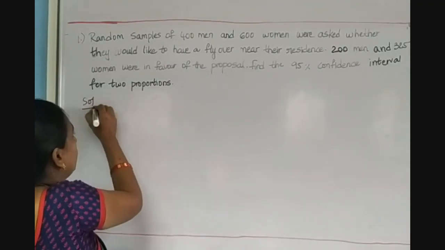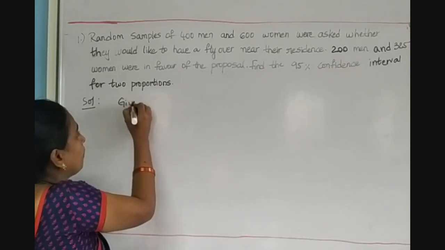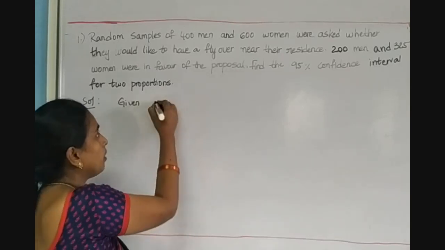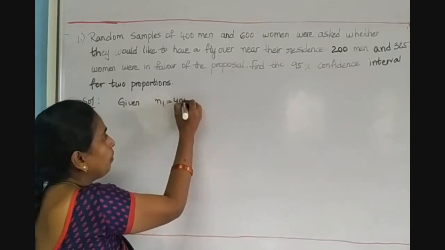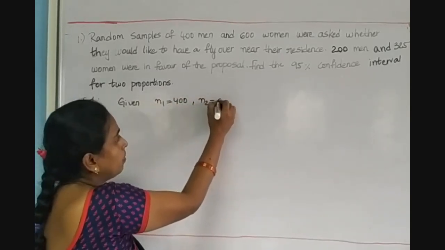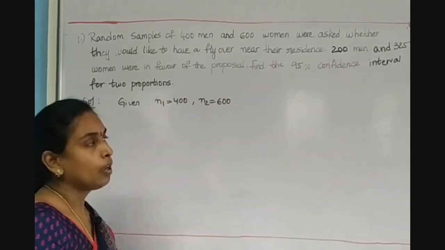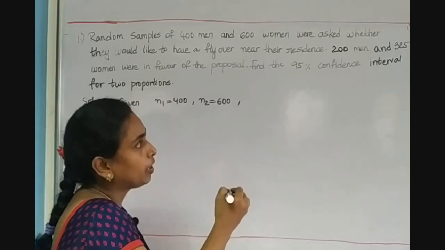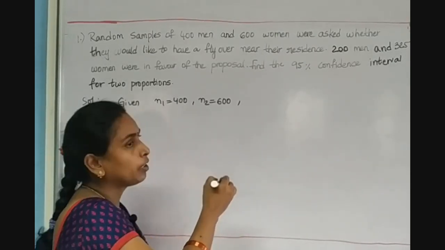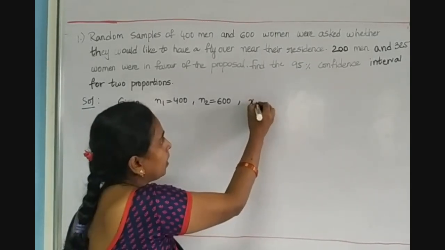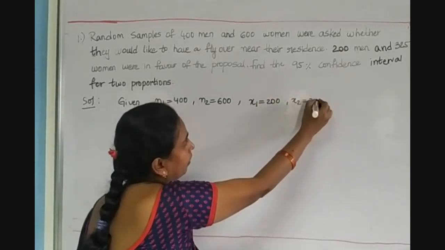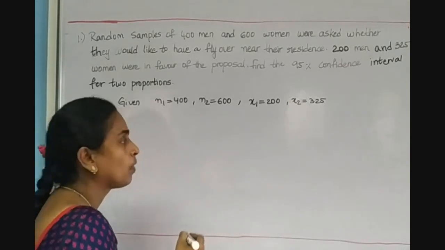Here they have given the two sample sizes as 400 and 600, that is N1 equal to 400, N2 equal to 600. And they have given that 200 men and 325 women were in favor of the proposal, that is X1 is 200 and X2 is 325.